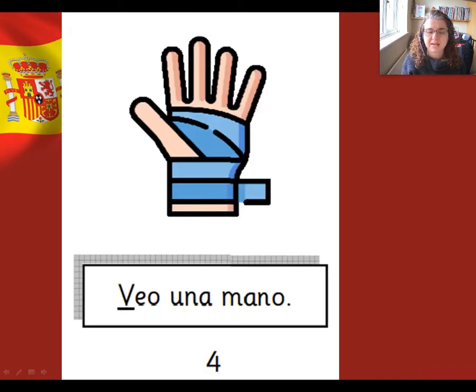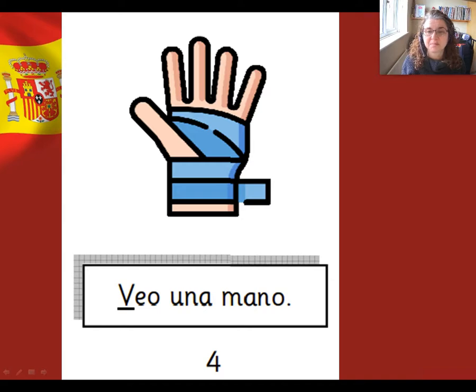The next one says, veo una mano. What do you think this one means? That's it. I can see a hand. Now, una mano. Is that a masculine word or a feminine word, do you think?